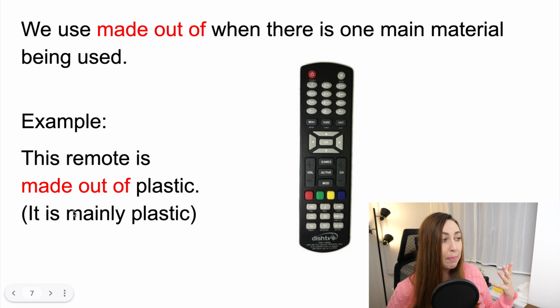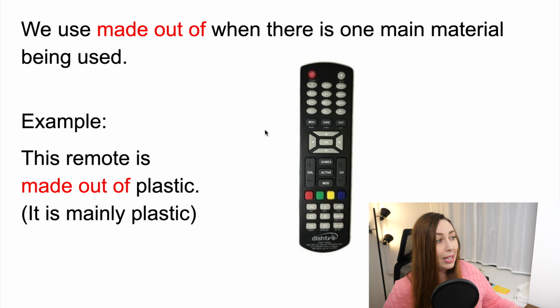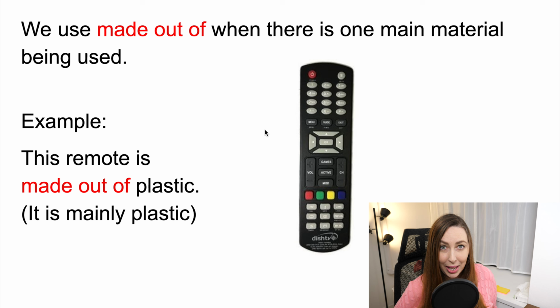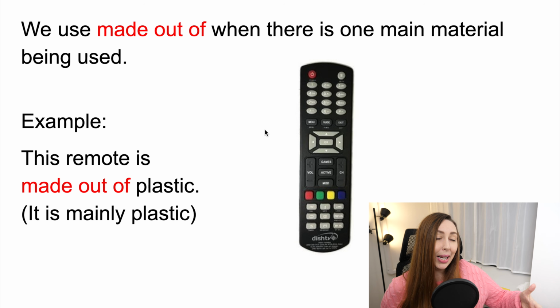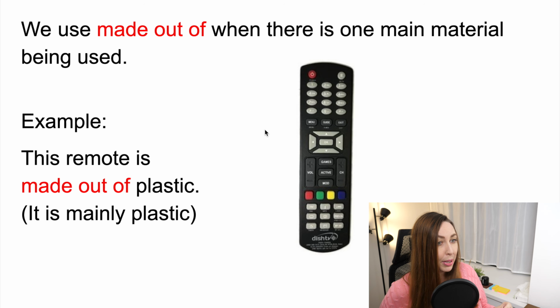That means it is mainly plastic. Okay? So this whole thing is plastic. So the best answer, the best way to word it would be, this remote is made out of plastic. Okay? So again, native speakers might use them interchangeably. So some people might say, this remote is made from plastic, which is not wrong. But made out of plastic, that would be the best answer. It is mainly plastic, mostly plastic.